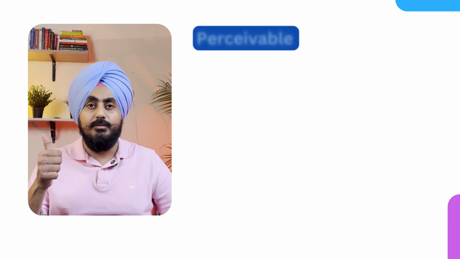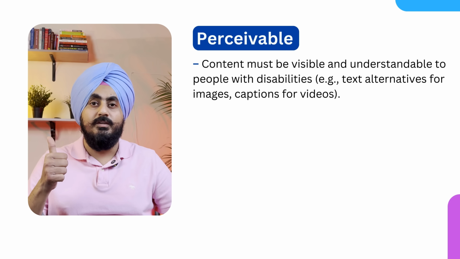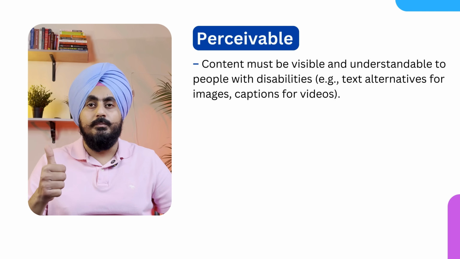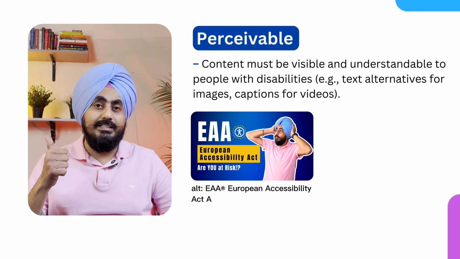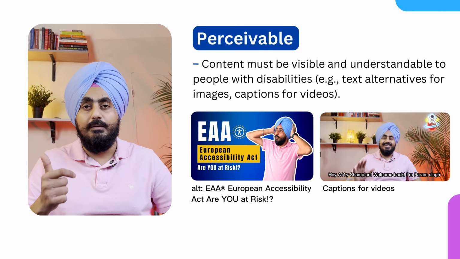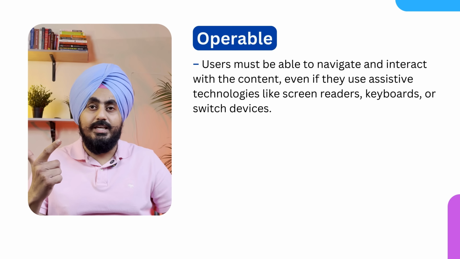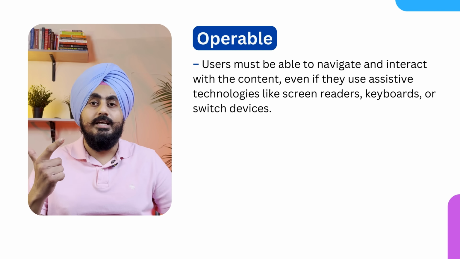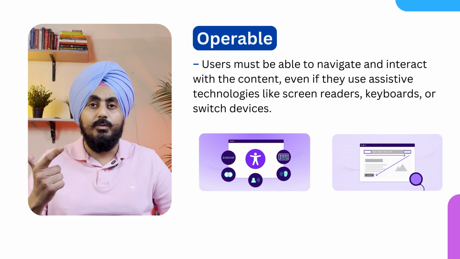WCAG 2.1 AA is the gold standard for web accessibility. It provides guidelines to ensure that websites and mobile applications are perceivable, which means content must be visible and understandable to people with disabilities, for example, text alternatives for images and captions for videos. Operable: users must be able to navigate and interact with the content even if they use assistive technologies like screen readers, keyboards, or switch devices.